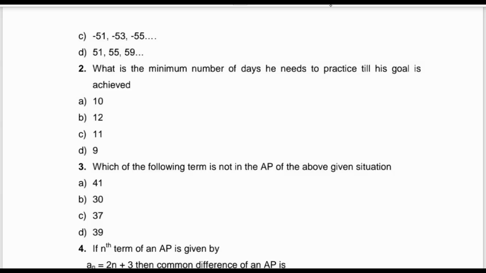Here we use an equals a plus n minus 1 into D. Here an is 31, the last value he wants to achieve. 51 will be your A, and n we don't know.